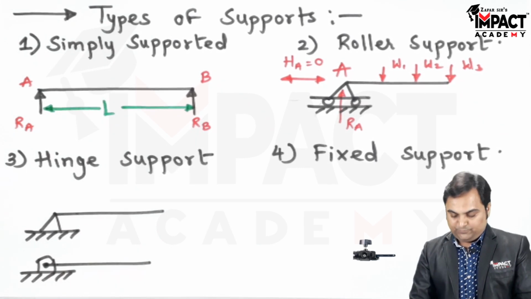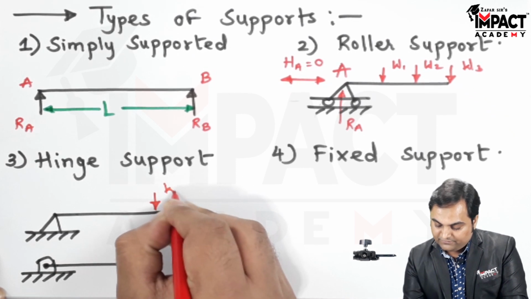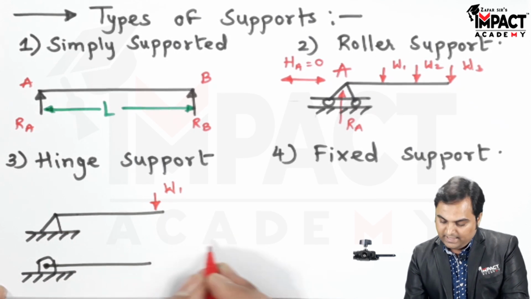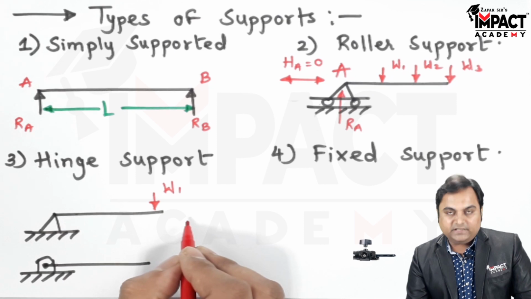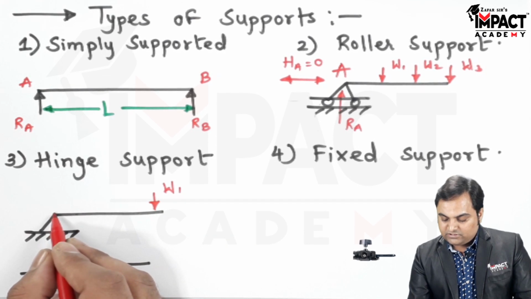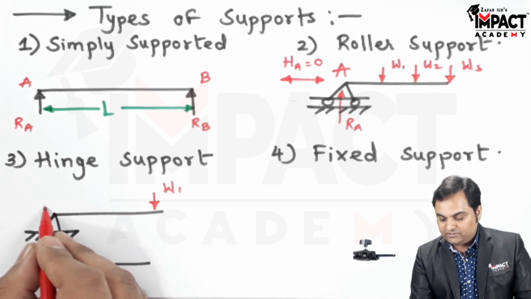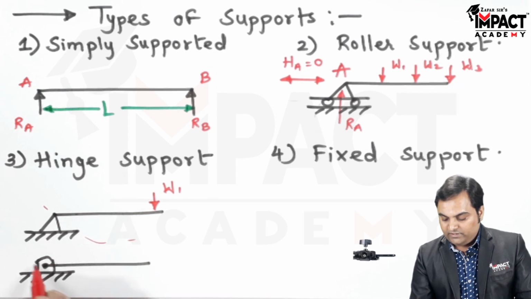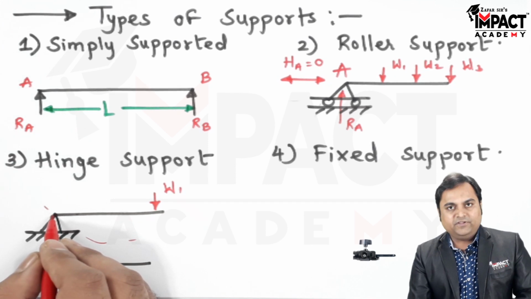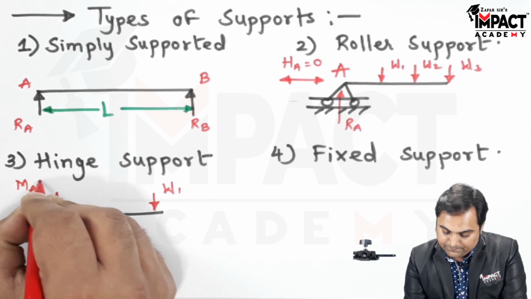So when there is hinge support, under the action of the load, I am just showing a single load for simplicity, the beam can bend, and when it tries to bend, then at this location the bending moment would be 0, because since it would be bending, there would be a slope. Even in this case, there would be a slope. So the bending moment would be 0 at the hinge support, that is at A. I'll write down the moment at A.